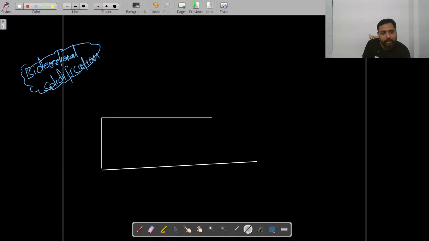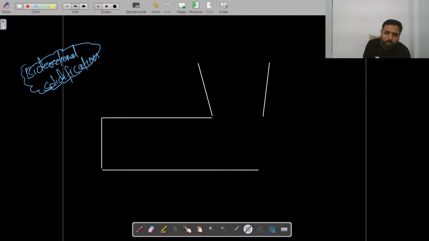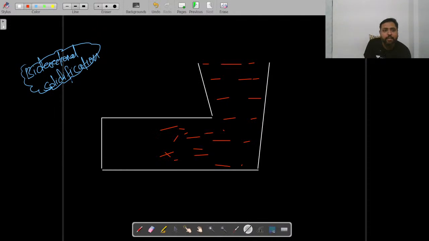And on the other end, you have something called a sprue or riser. Anything can be there. Now, molten metal is there. Solidification begins. Undoubtedly, solidification will begin from the boundary itself, like from here.